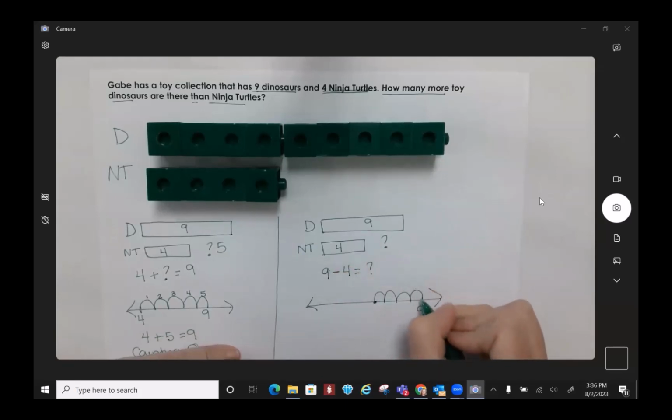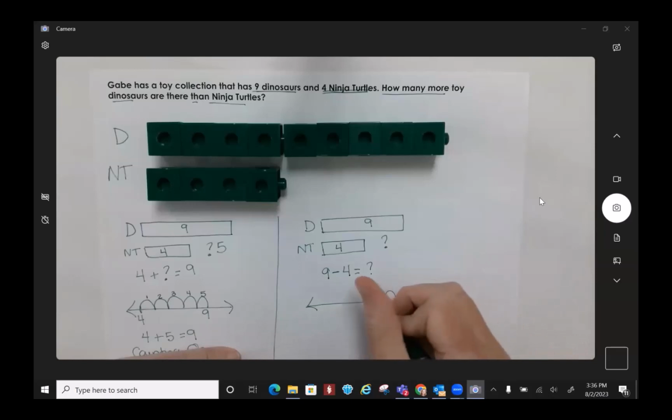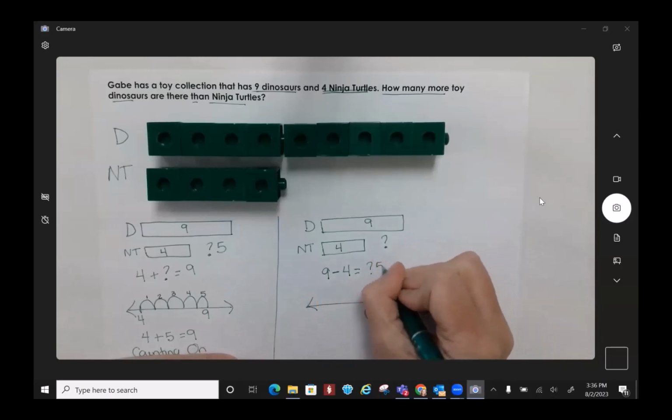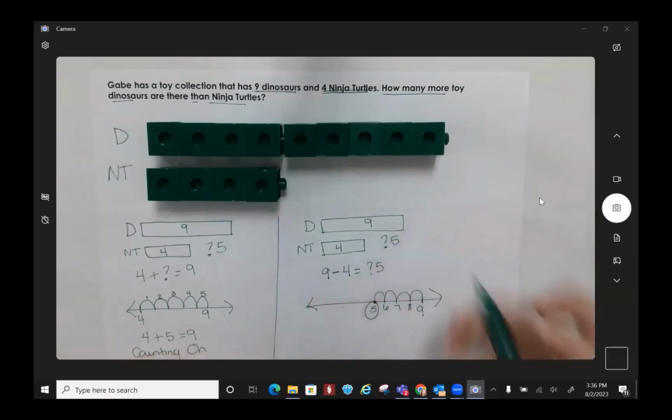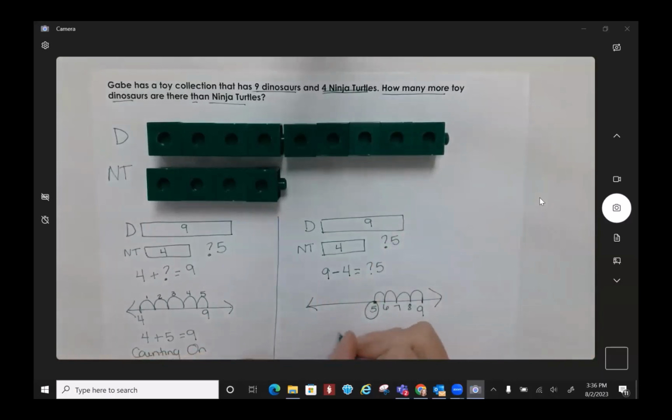So if I take away 1, that would be 8. Take away another one, 7, 6, 5. I land on 5. So that means 9 minus 4 equals 5. So again, that missing piece is 5. And we used the counting back strategy.